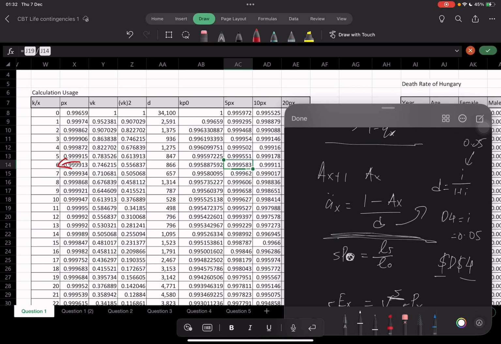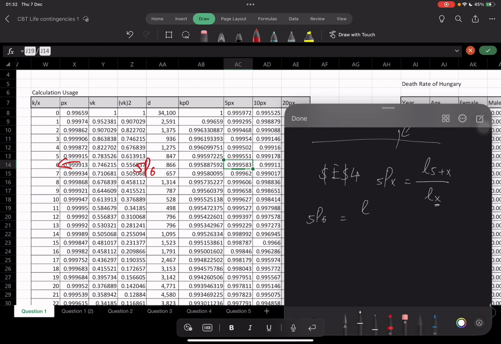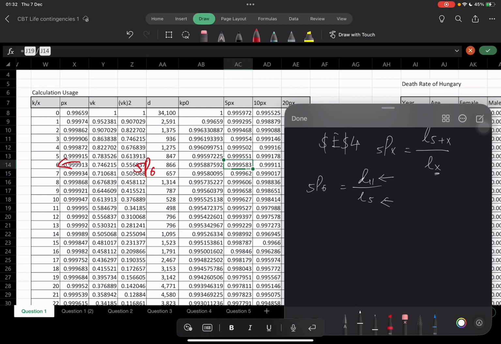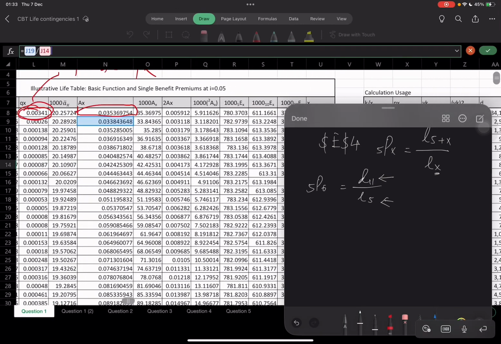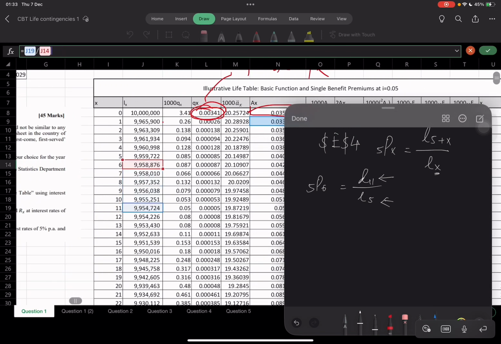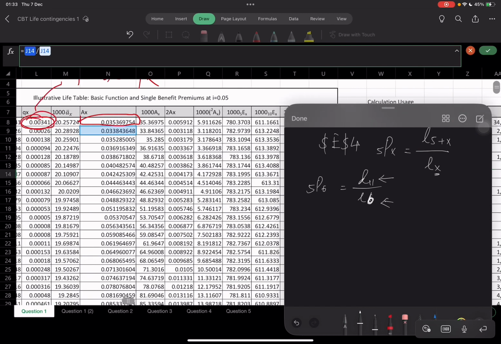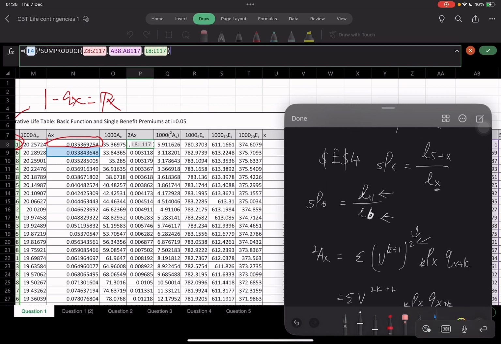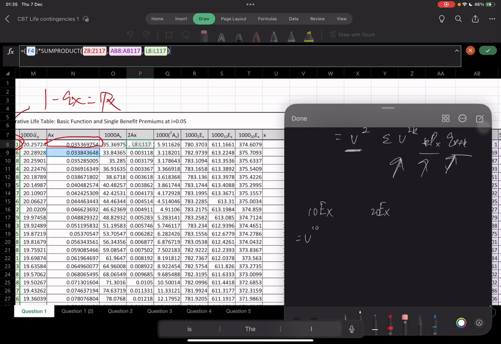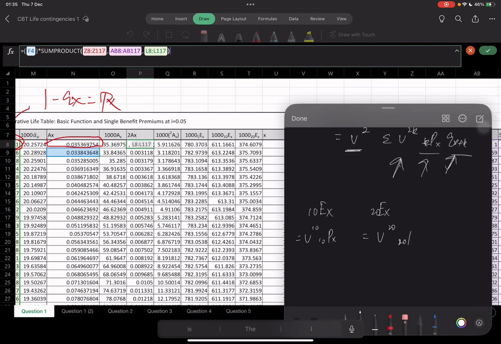Let's say for 5p6, we divide the life surviving at age 11 by the life surviving at age 6. For 10Ex and 20Ex, we do the same way as the 5Ex, where the formula is V to the power of 10 times 10px, V to the power of 20 times 20px.